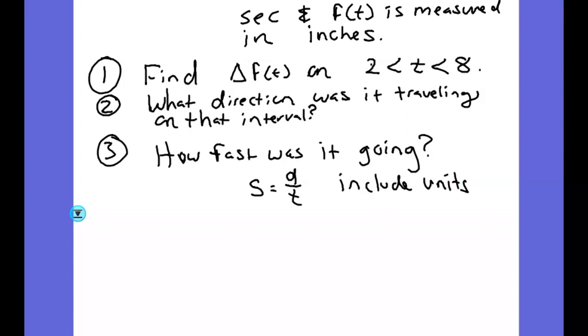How fast was it going, Nikaya? Well, 2 to the left. That's good. So the speed was 2. Now units. Do you have units for me? Okay. So how did you get that, Nikaya? What did you do?